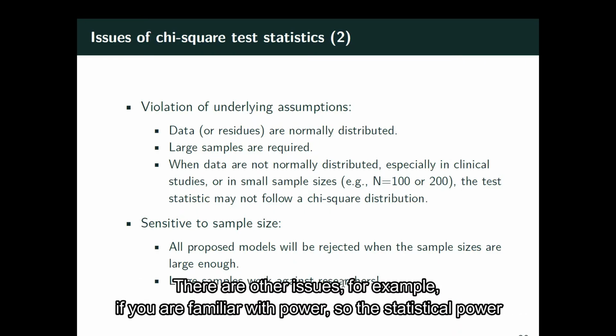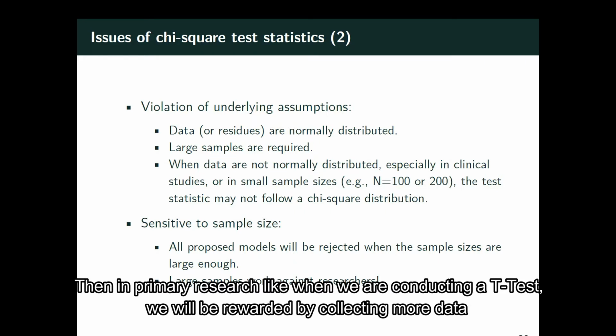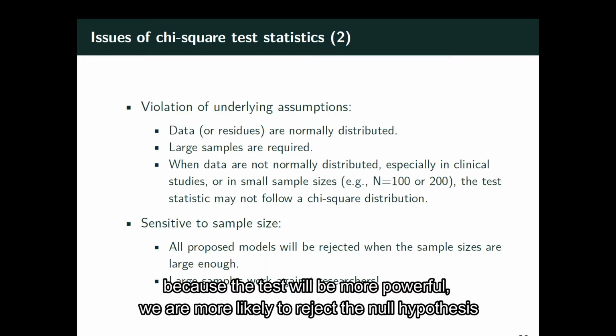There are other issues. For example, if you are familiar with statistical power, if you have a large sample size, then the statistical power is larger. If you have a small sample size, then the statistical power is smaller. In primary research, like when we are conducting a t-test, we will be rewarded by collecting more data because the test will be more powerful.